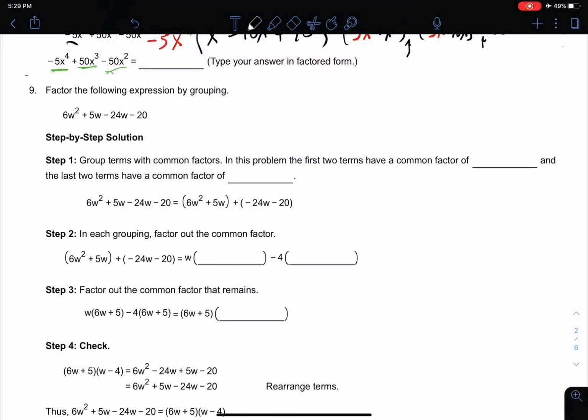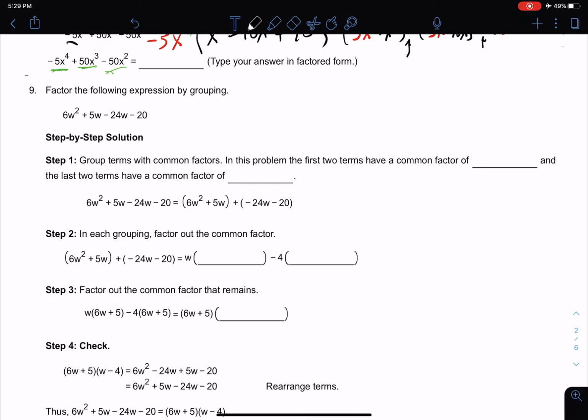Step number 1: group terms with common factors. In this problem, the first 2 terms have a common factor of what? Let me just read that, I got distracted a little bit. Group the terms with common factors.